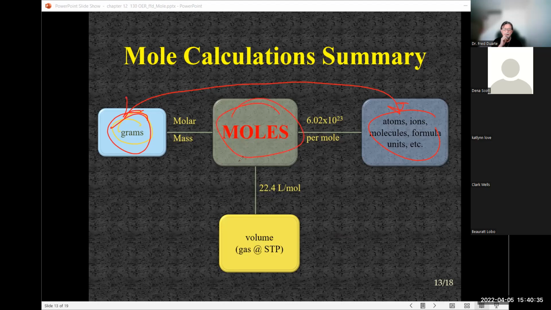I can't go directly. And I can get from grams to volume, but also only through moles, and any combination thereof, because this flow chart really is double sided. It's a double arrow. I can go in both directions here.